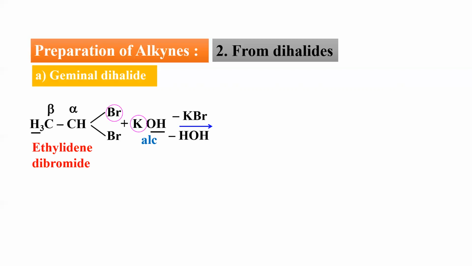So potassium will take away Br as KBr. OH minus will take away one of the beta hydrogens to go out as water. This will result in the formation of vinyl bromide. So a double bond gets introduced between the alpha and the beta carbon to give us vinyl bromide.